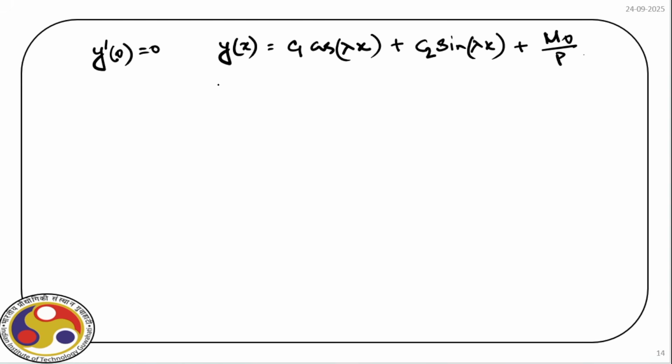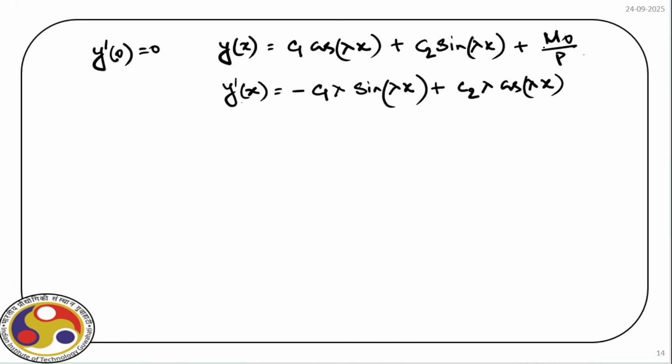So if you first find out y prime, we have minus C1 lambda sine lambda x plus C2 lambda cos lambda x, and the third term will be 0.